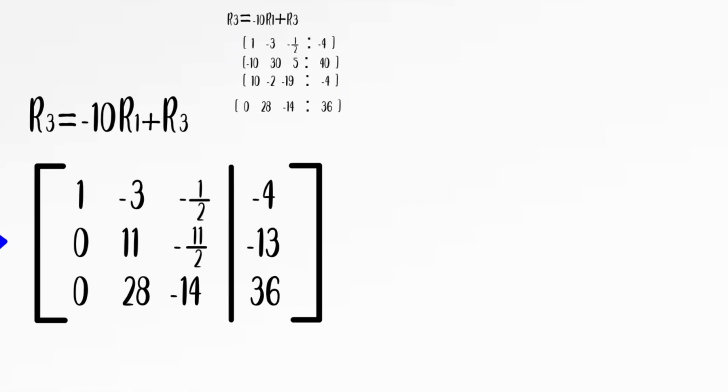The first non-zero entry of R2 is 11. Multiply R2 by 1 over 11 to change the first non-zero entry to 1.